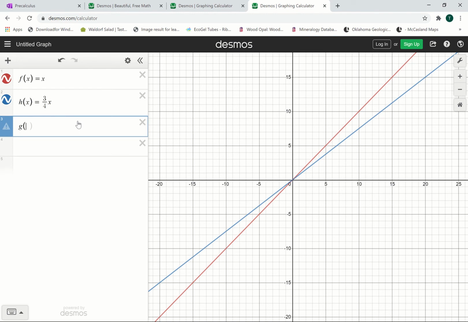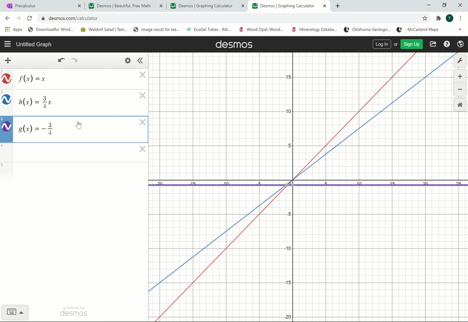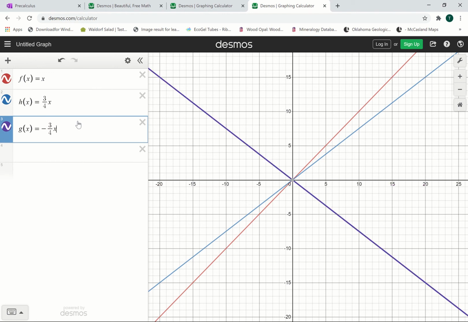Now let's have a look at what happens when we make that negative. It just flipped it over the y-axis, like a mirror. And then now we're going to have that vertical shift of positive 6.